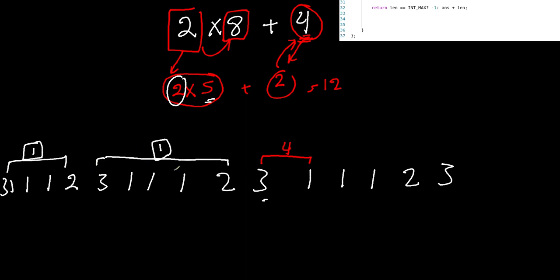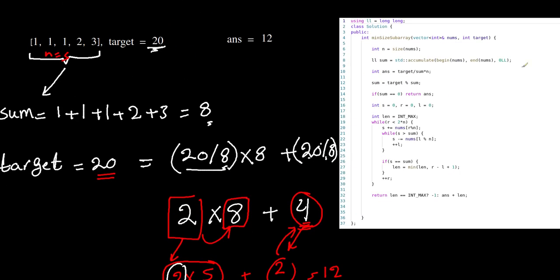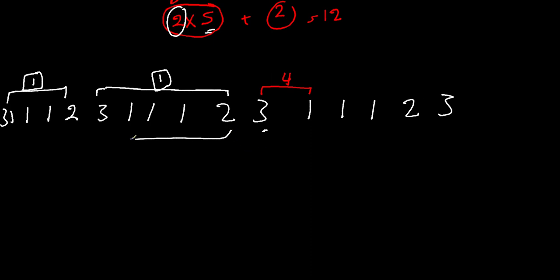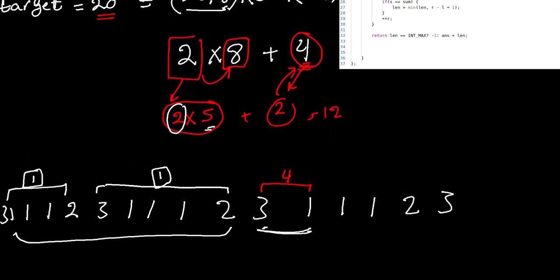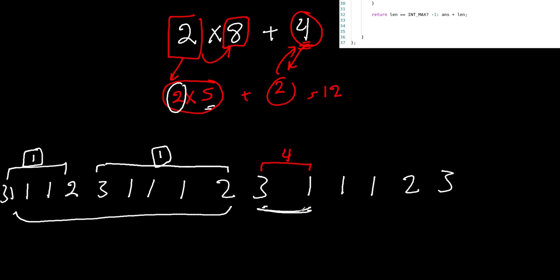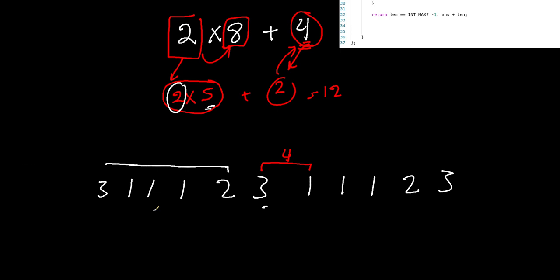This will be the smallest subarray with sum equal to 20: 2 full arrays plus this smallest subarray with sum equal to 4. The length of this one is 2, the length of this one is 5, and this one is 5, so the answer is 12.